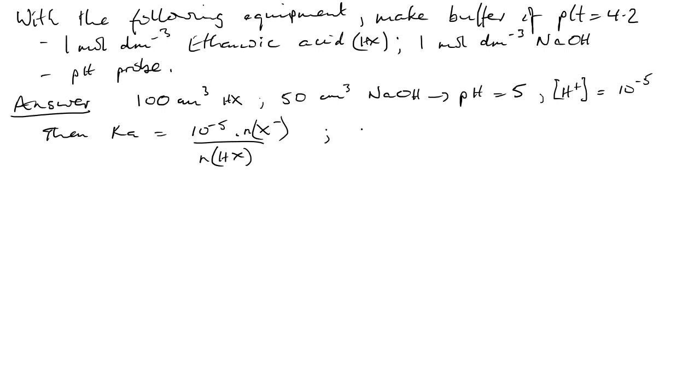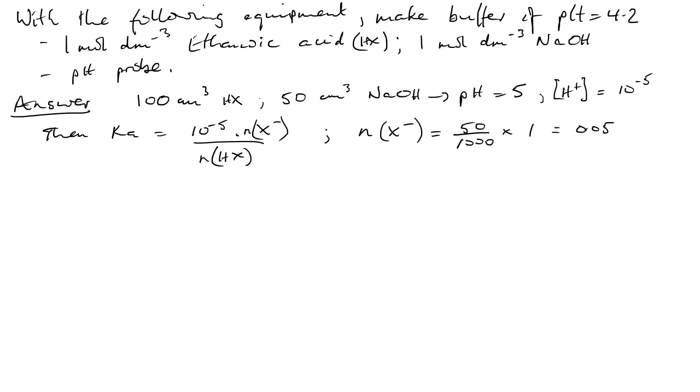So we know the moles of X minus, the moles of ethanoate, is the moles of the hydroxide that we added. That is 50 over 1,000 times our concentration. Concentration was 1, so our moles of ethanoate is 0.05.